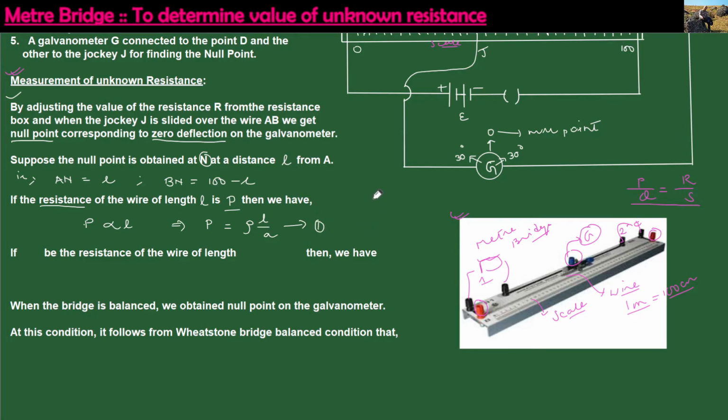This rho is the resistivity of the material of the meter bridge wire.